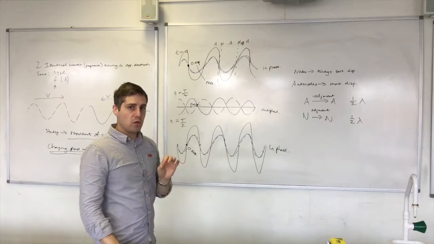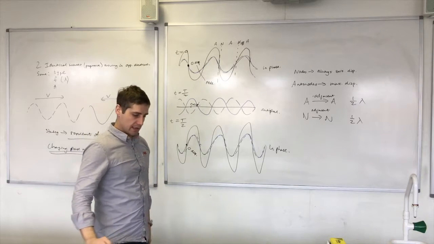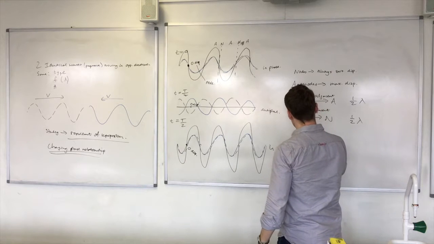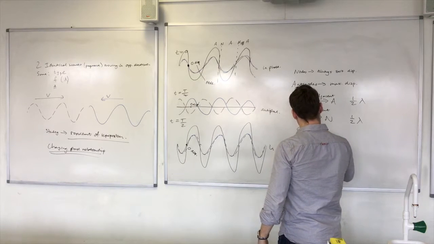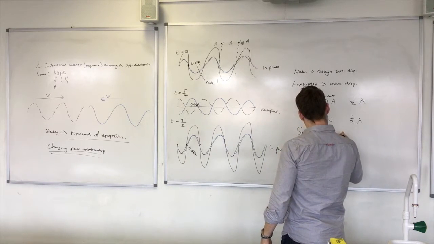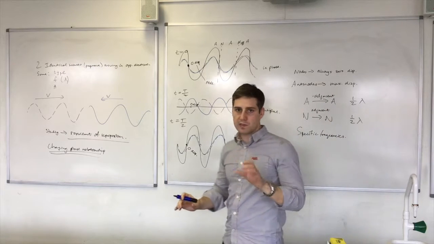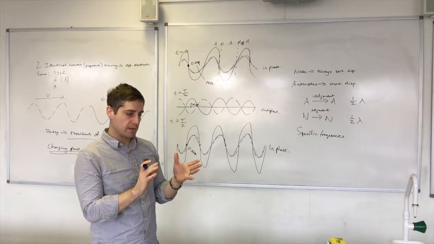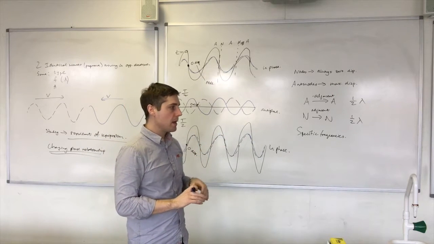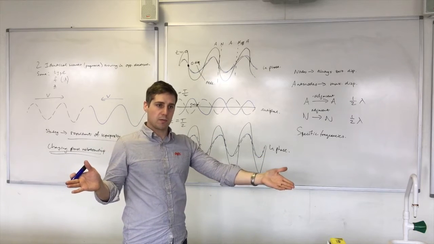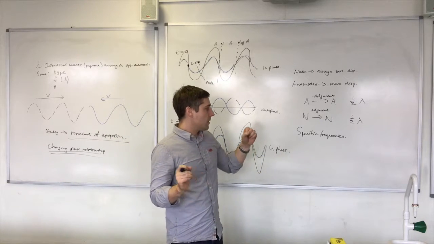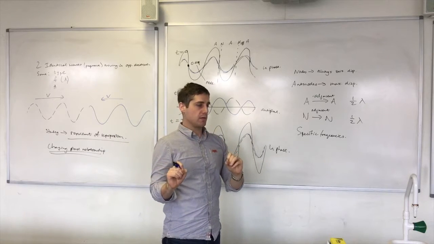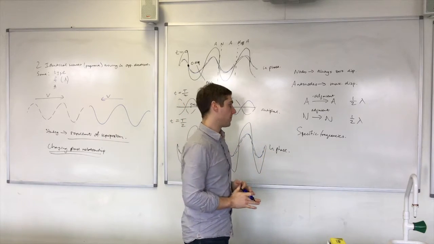Now, standing waves form at specific frequencies. For a given situation, and we'll look at some experimental setups in the video, or I'll mention them, if you had a situation with a string, then the standing waves on that string will form at specific frequencies. They don't form at just any frequency.